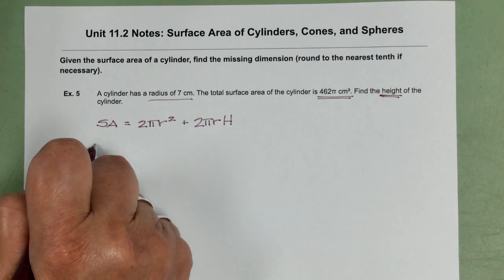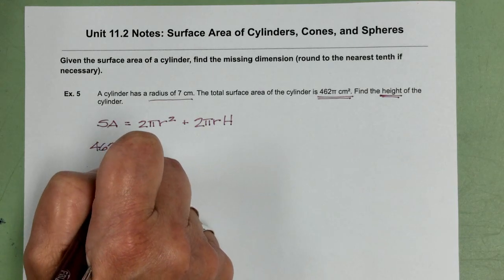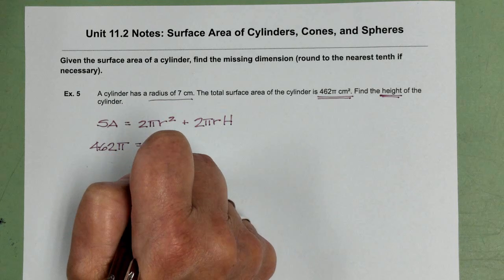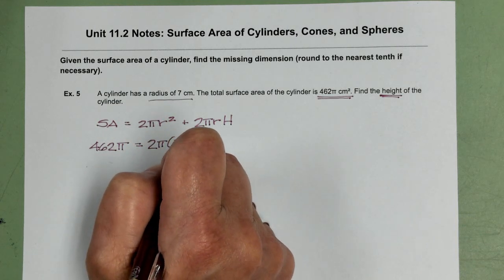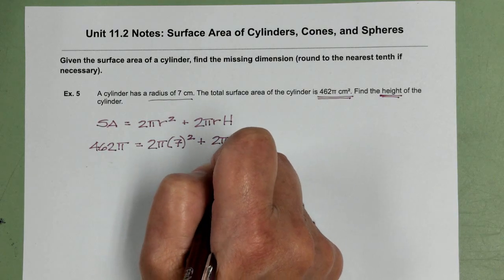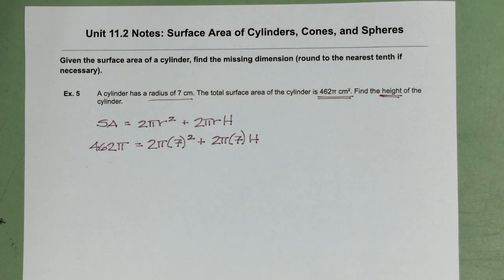We're given that the surface area is 462 pi. Our radius is 7, so 2 pi times 7 squared plus 2 pi times 7 h.